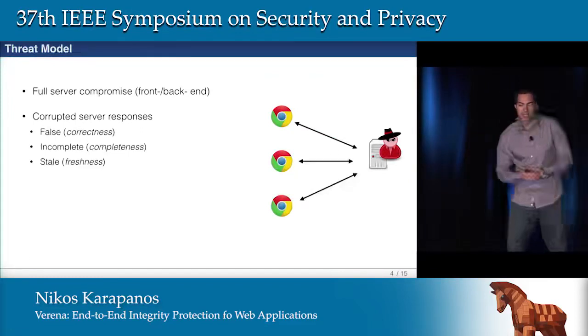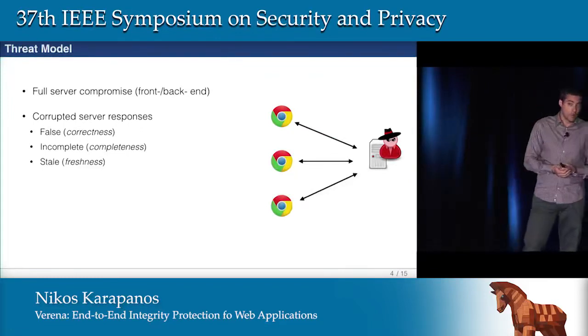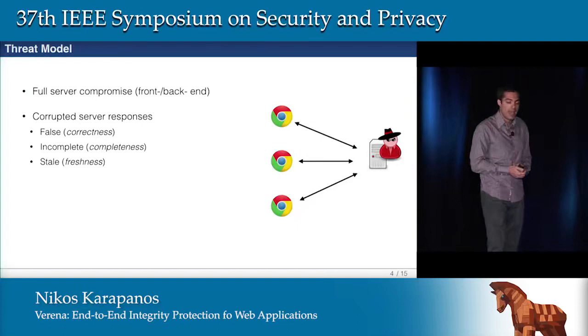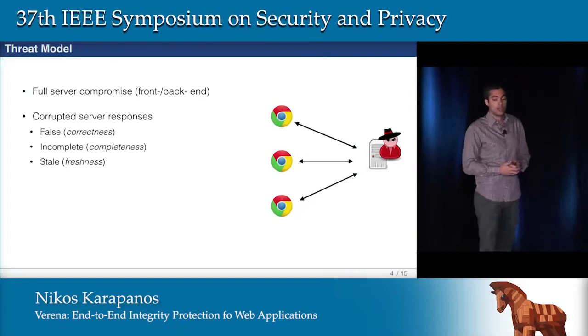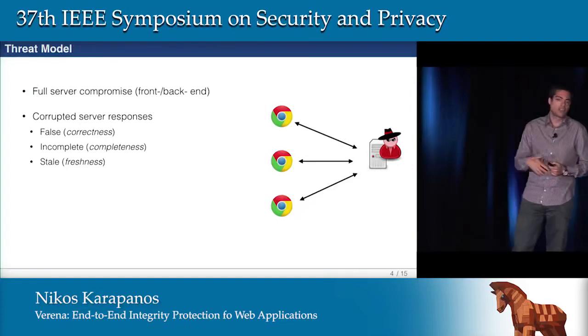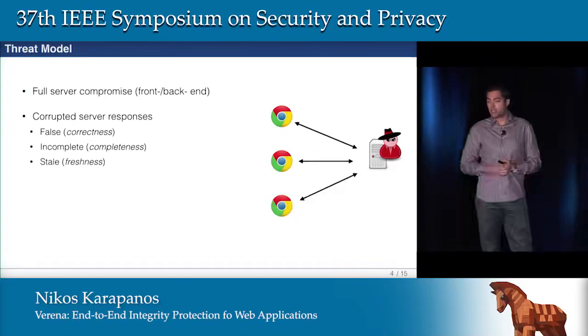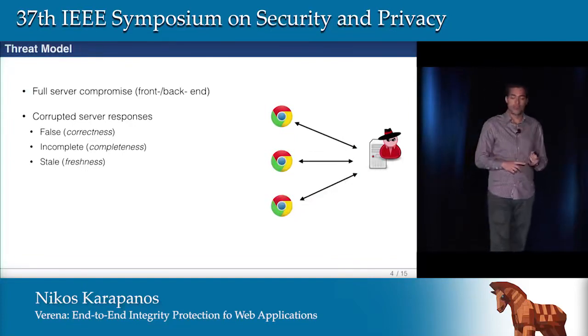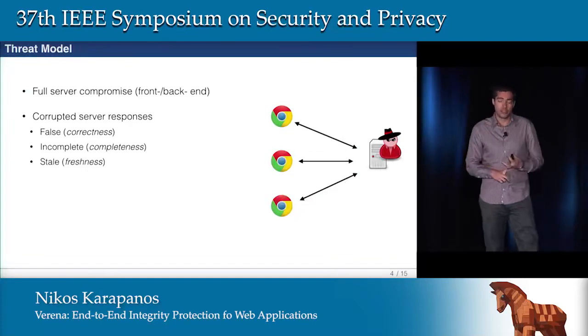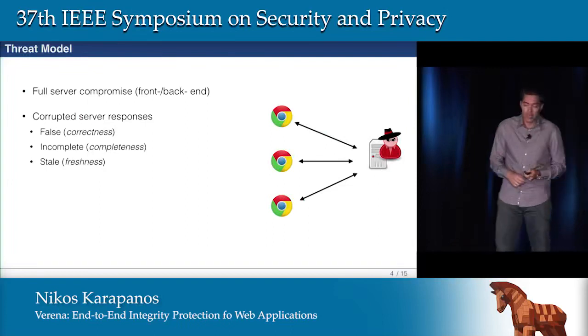So now we imagine that the attacker can compromise the server, and he will try to serve back to the clients, to the doctor, for example, corrupted responses affecting all those properties: correctness, completeness, and freshness, or either of these properties.